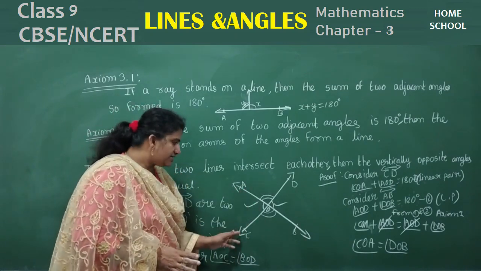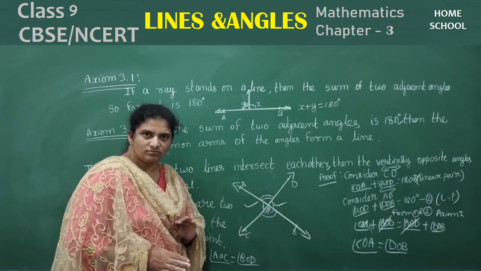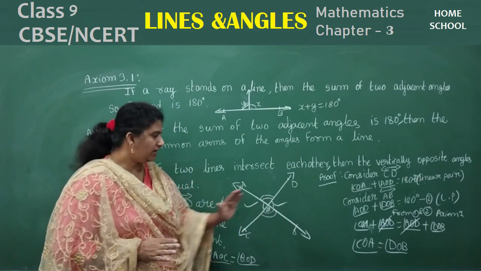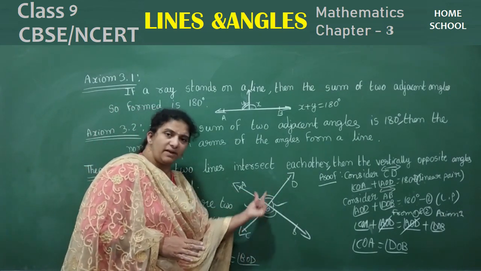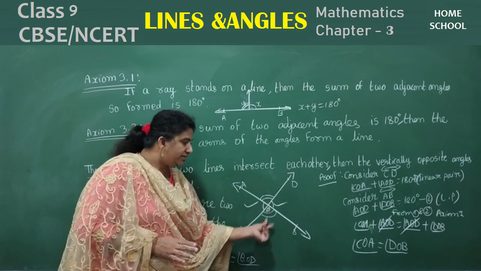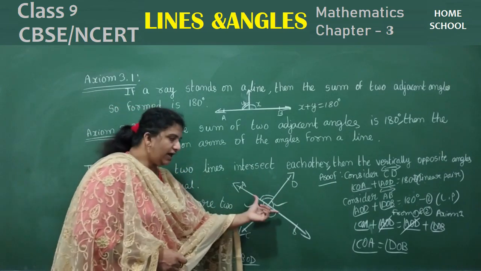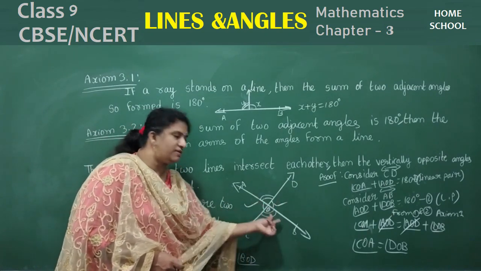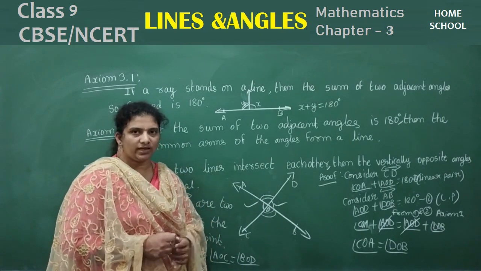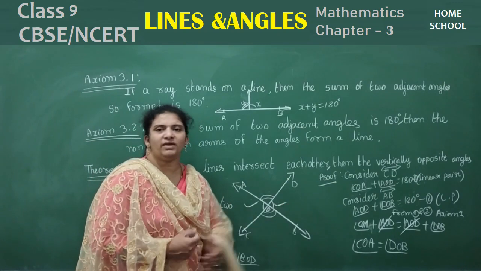When you consider line CD, you may take this plus this, or this plus this, but take one pair only. Again, with the other line, you can take this pair or that pair. So for two lines, the sum will be 180.